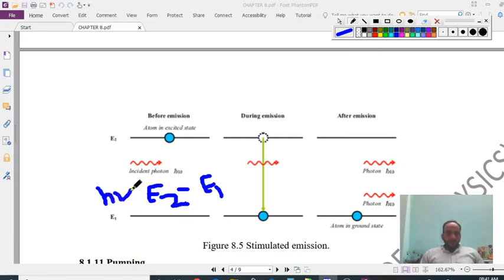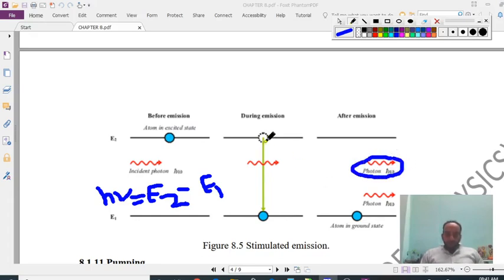A photon having the same energy E2 minus E1 falls on this state E2, where the electron is already in higher excited state. This photon tries to lower the electron from higher excited state to ground state, releasing a photon. So we get two photons.